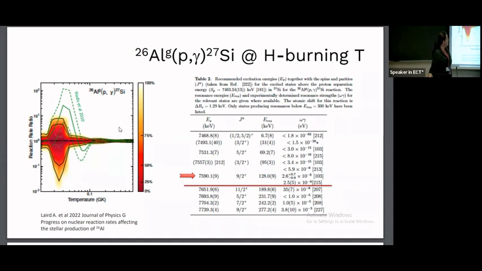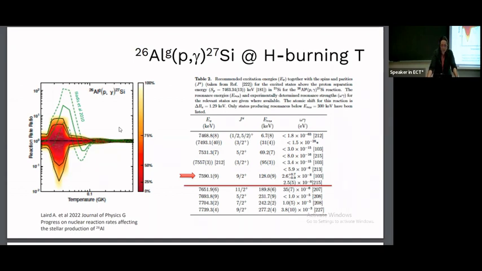So please notice that the last one experimentally known is this one at 128 keV. Definitely too hot for red giant stars, maybe good for nova burning. But the problem is that this seems to be the resonance that mostly affects the rate. But what about all the resonances below? You can see a list of at least 4.